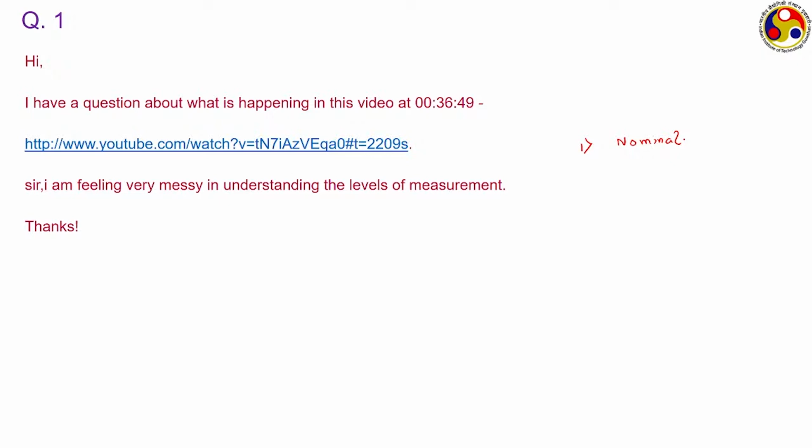Suppose a football match is going on, there are 22 players on the field, and we classify them just in 2 groups, group A and group B, without talking about their nationality, body weight, or height. We just talk about 2 teams playing, team A and team B. This kind of classification is nominal measurement.